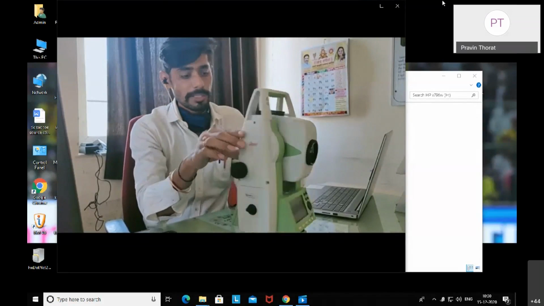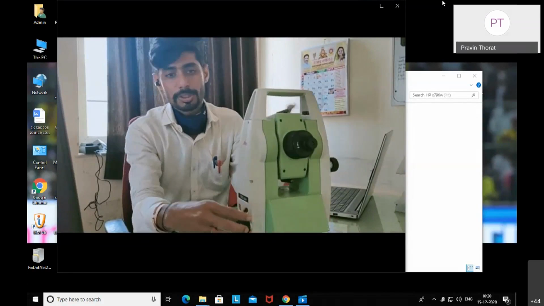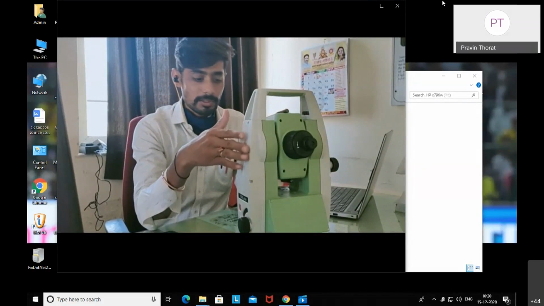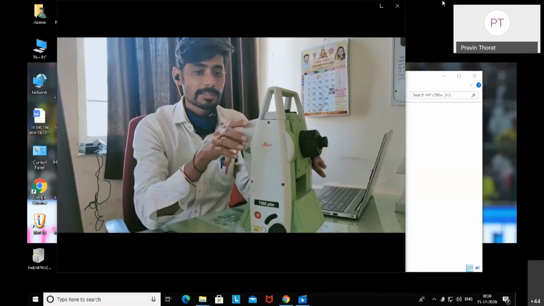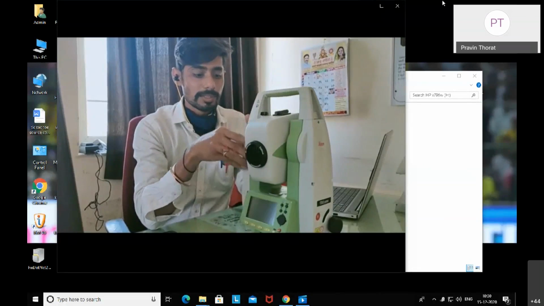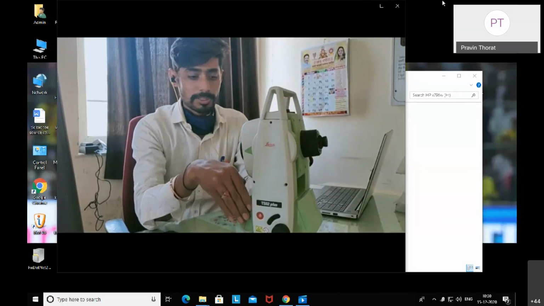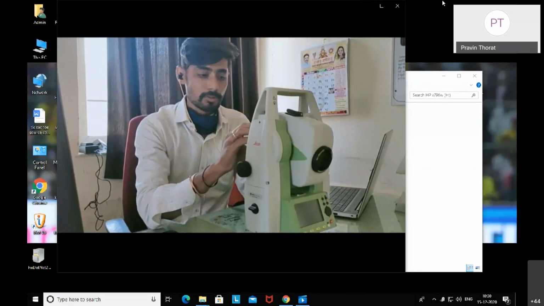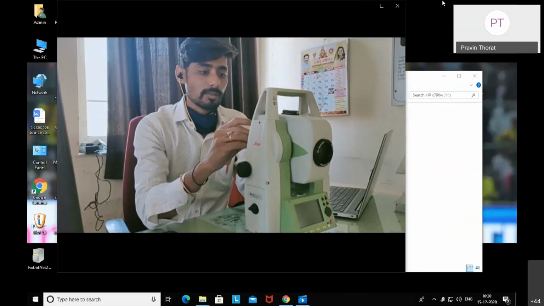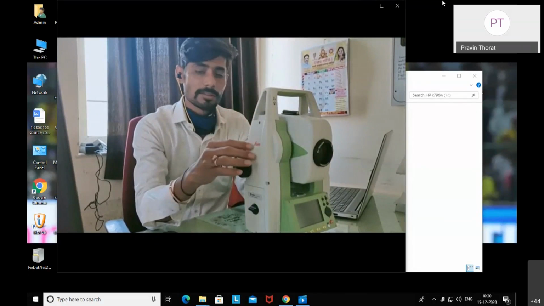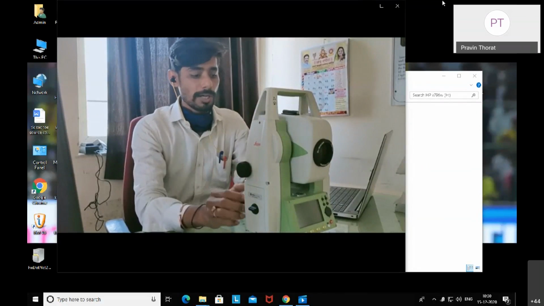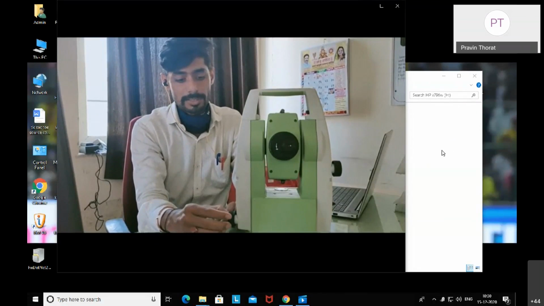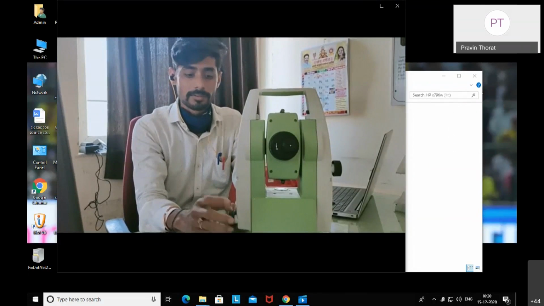Similarly, they provided a horizontal slow motion screw. The horizontal slow motion screw is provided to move the instrument about the vertical axis in a horizontal plane. When we bisect the object, we directly bisect by using the telescope, but when we need precise observation and accurate readings, we have to bisect perfectly. By using this slow motion screw, we can bisect the object precisely.